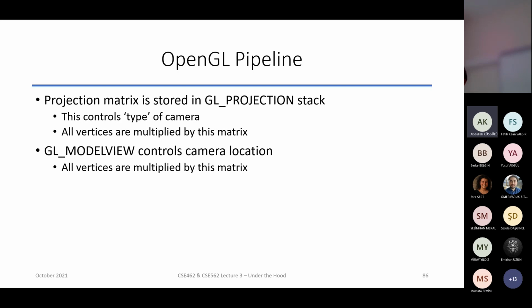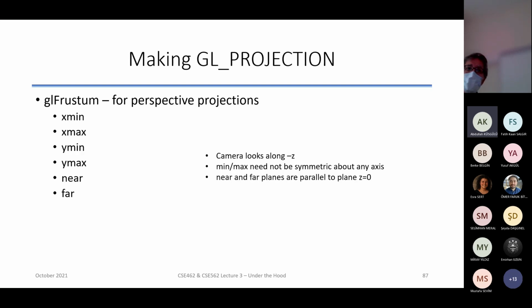For example, you see a projection stack where your projection matrix is going to be kept. And then you'll have a model view that will control the camera's location.